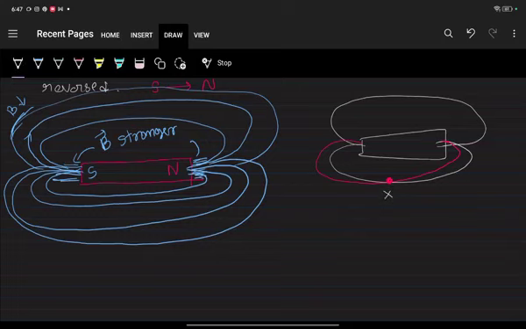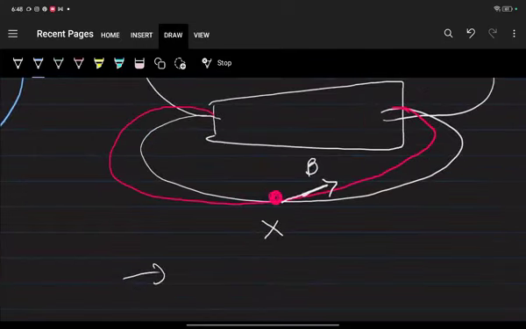Magnetic field lines cannot cross path. If they cross, the direction of the magnetic field line here is in this direction, and for here and here its direction is this.